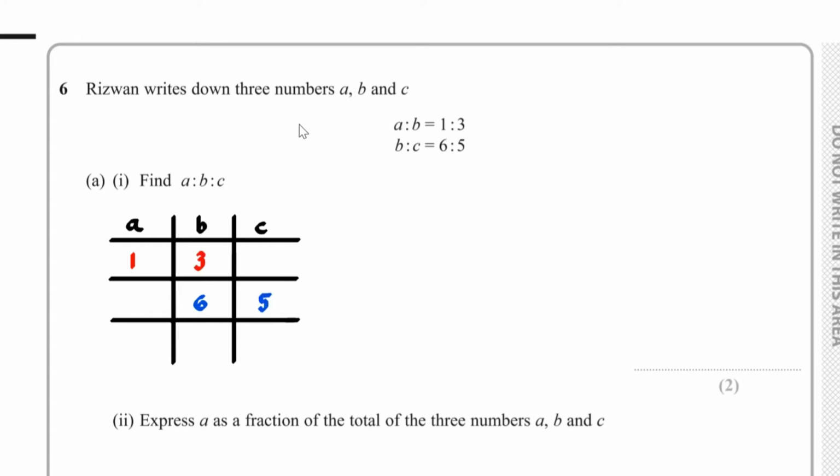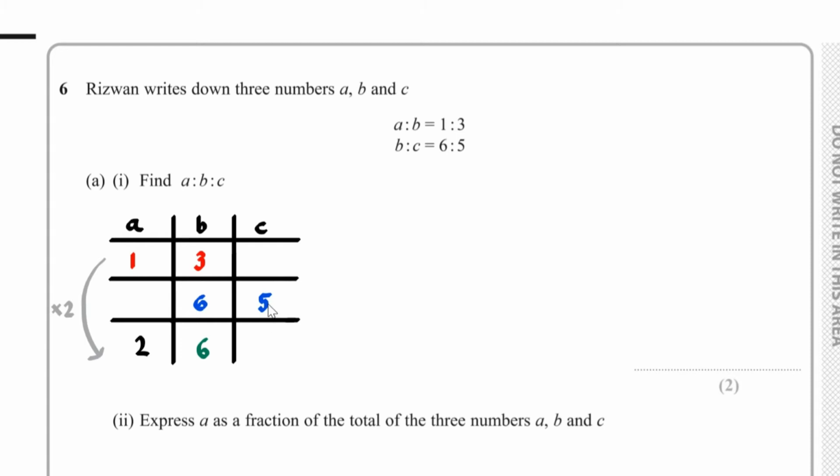Now if we get the B's the same, we need to find the lowest common multiple of 3 and 6. That's 6. Now to go from the 3 to the 6 we times by 2. So we also need to multiply this 1 by 2 to get 2.